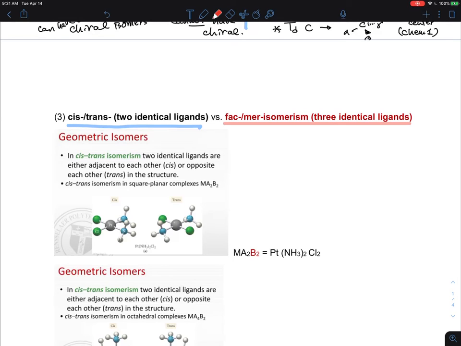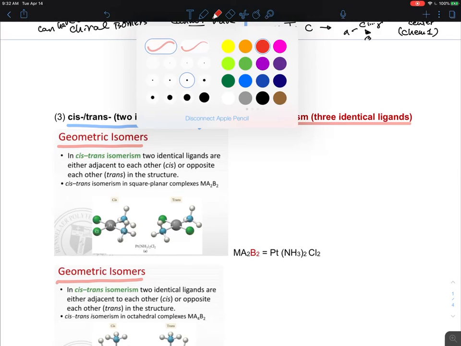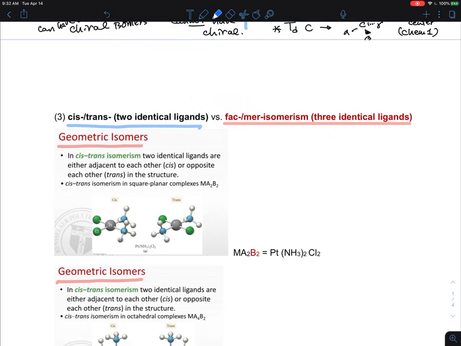So this is a little bit of expansion about different types of isomers. We call them the geometric isomers. There are 2 types. And geometric isomers, let me use a consistent color.